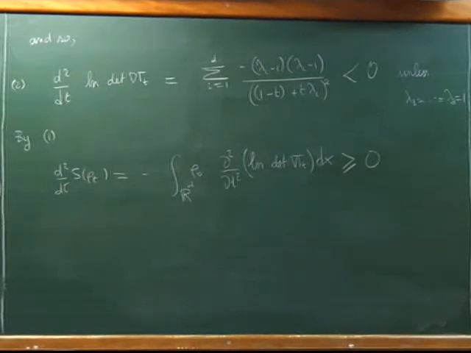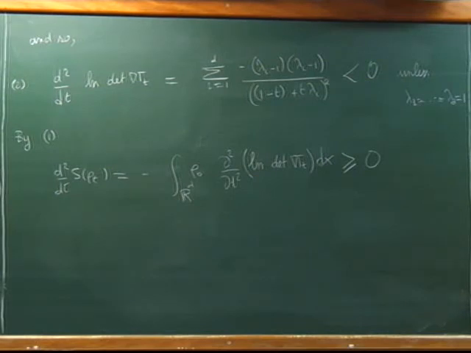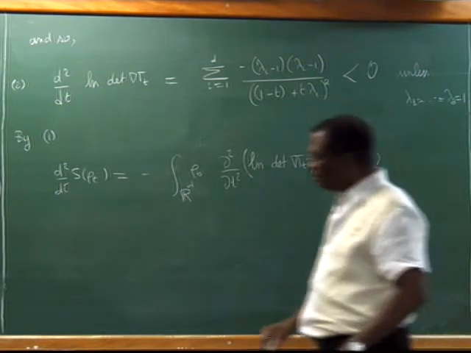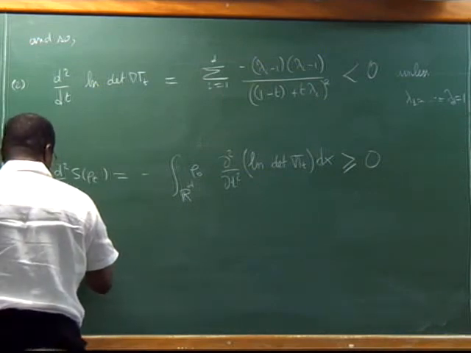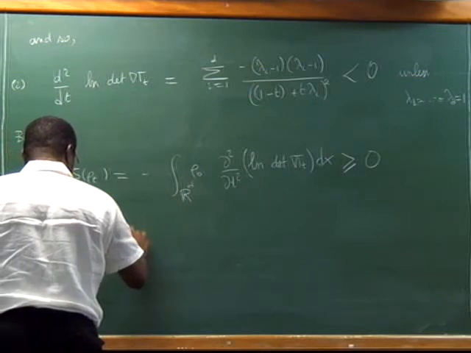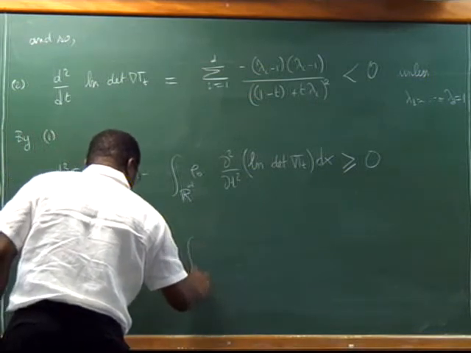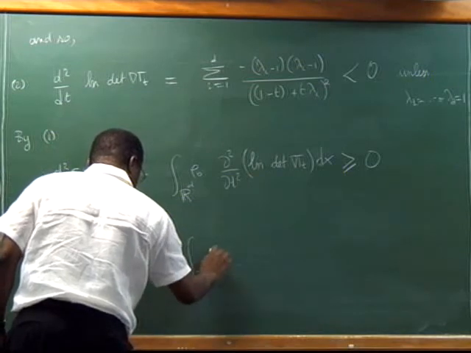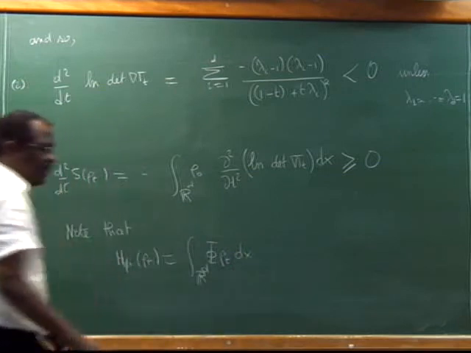Now the convexity of the potential is much easier. Note that H_phi of rho t, I rewrite the definition, is the integral of phi d rho t.